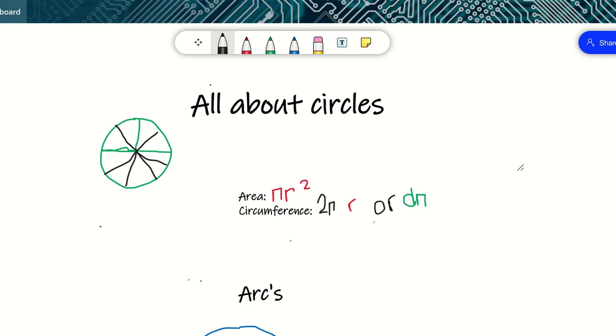The next thing I wanted to talk about was the area and circumference. The area is basically just how much space a specific shape takes up. And we use different formulas to find out what the area is. For example, in squares and rectangles, we just multiply one side times another and we can get the area. However, in circles, we have to use this formula.